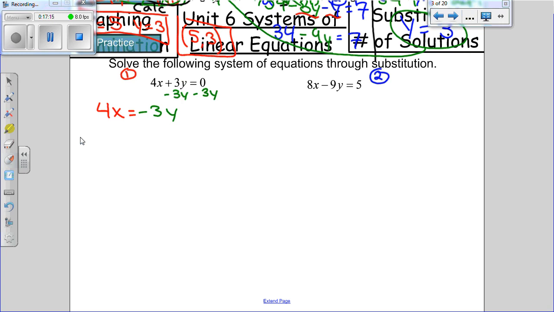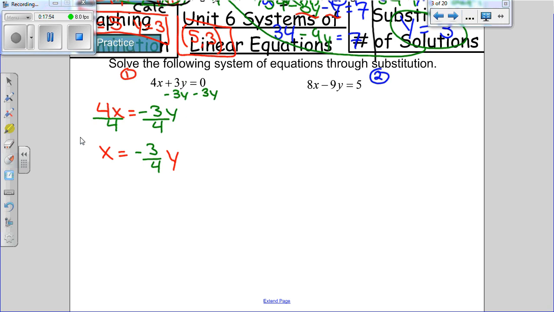When you divide by 4, you divide the coefficient by 4. So that makes my new equation x equals negative 3 over 4 y. I've isolated one of my variables. Now I can substitute that into the other equation. So if this x equals negative 3 over 4y, then this x up here should also equal negative 3 over 4y.